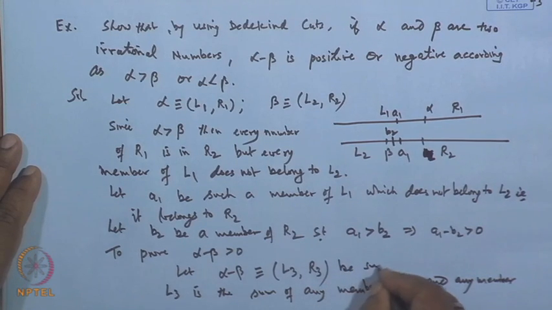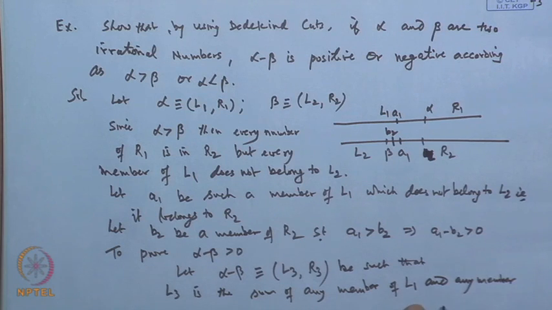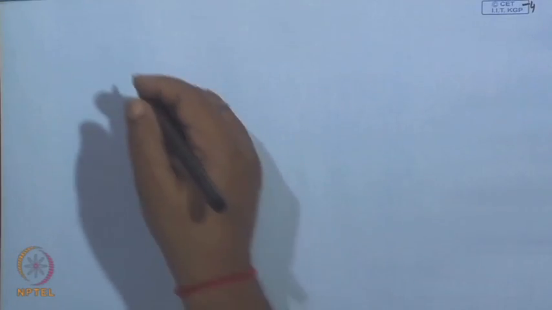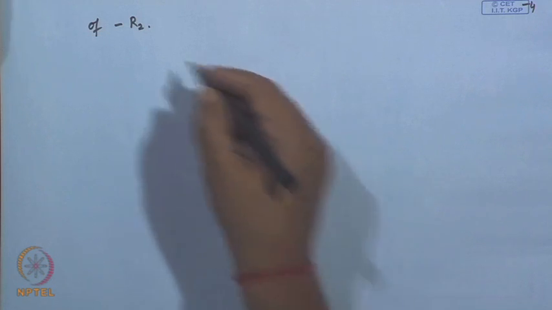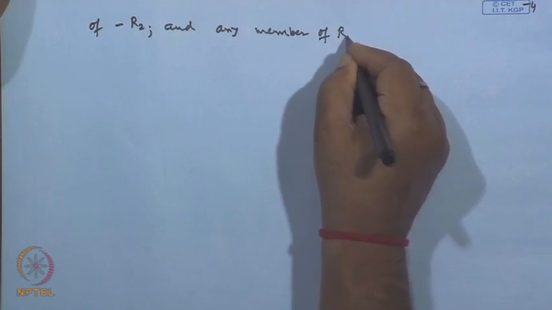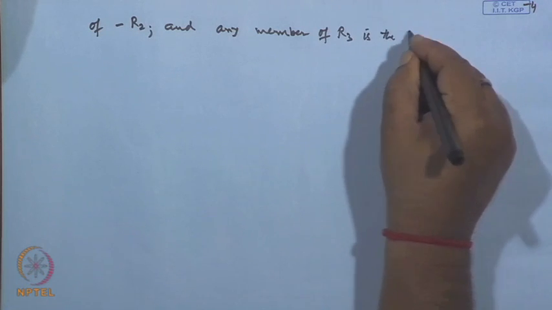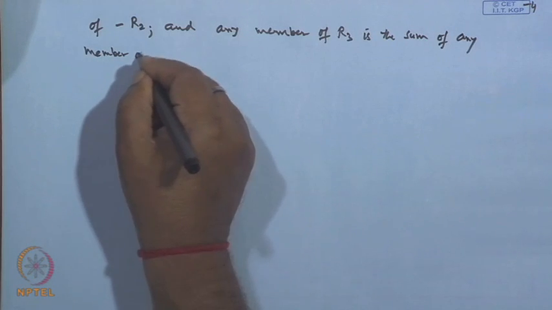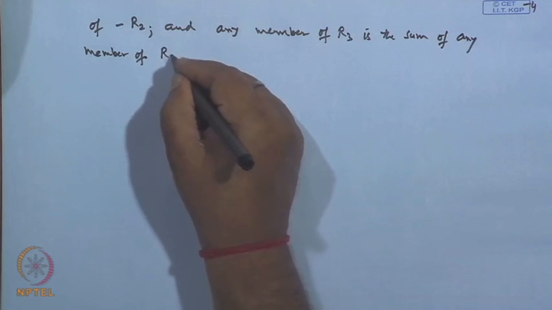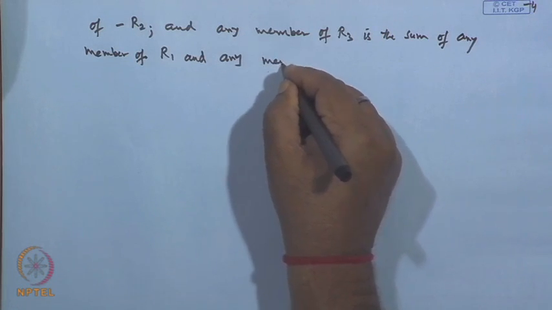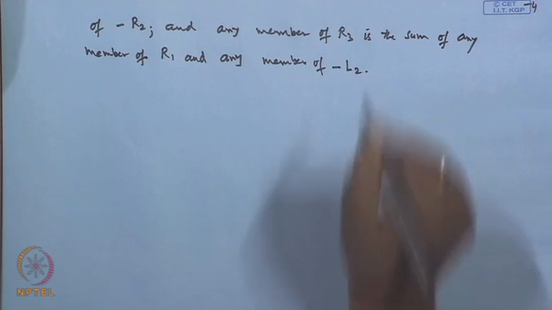Let it be such that L3 is the sum of any member of L1 and any member of minus R2, and any member of R3 is the sum of any member of R1 and any member of minus L2. Let us see what is the meaning of this.